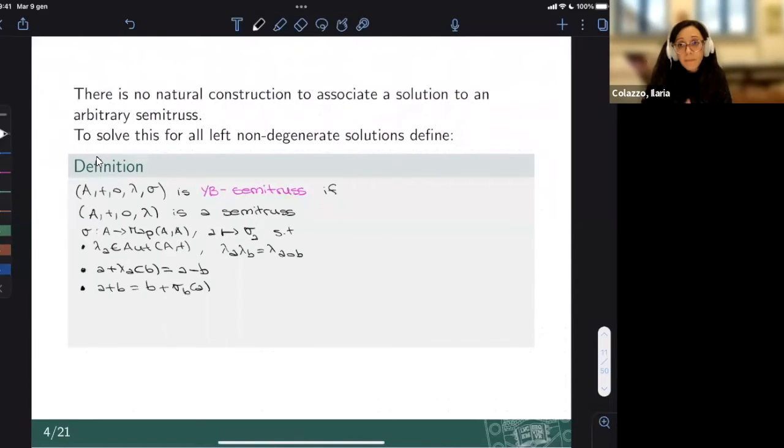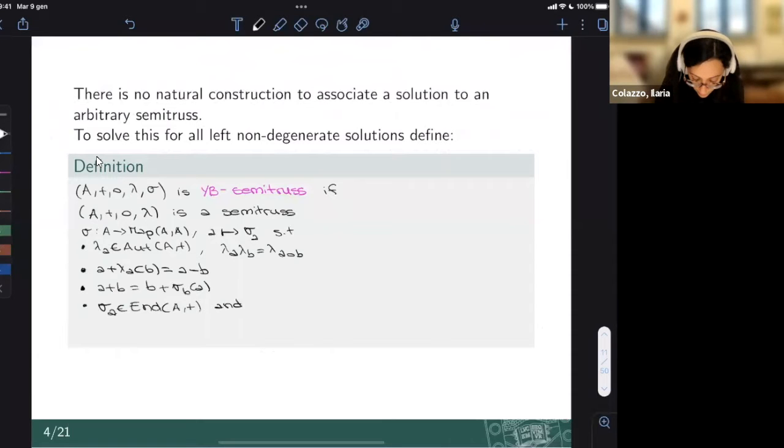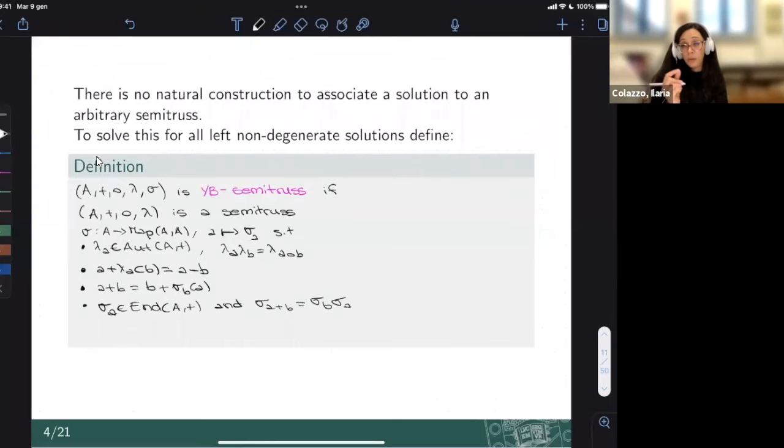And the last property is that sigma will be an anti-homomorphism between the additive structure and the endomorphism monoid. So we have that lambda A is an endomorphism of the additive structure, and sigma A plus B will be equal to sigma B sigma A. And finally, we want a kind of compatibility between these two mappings.